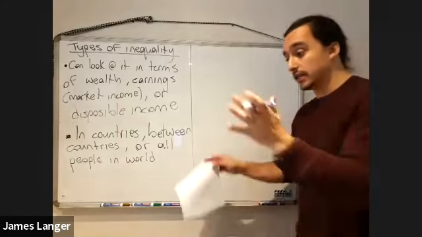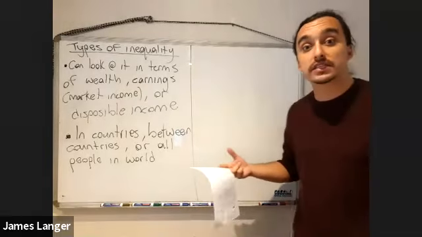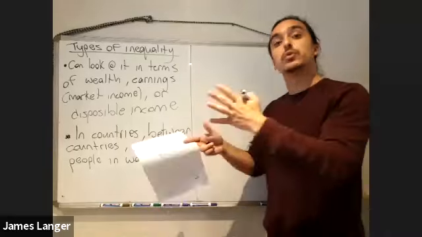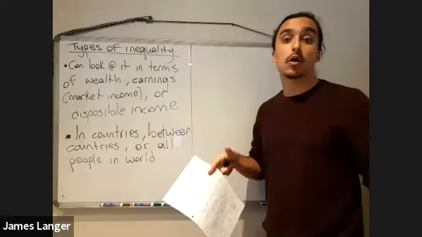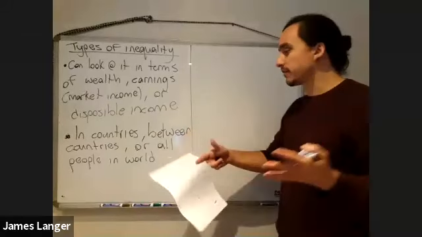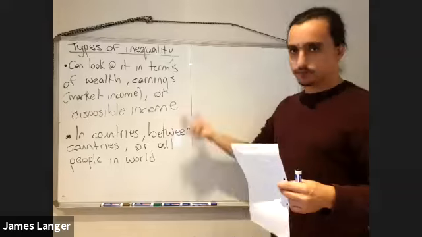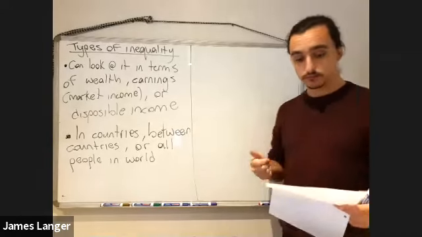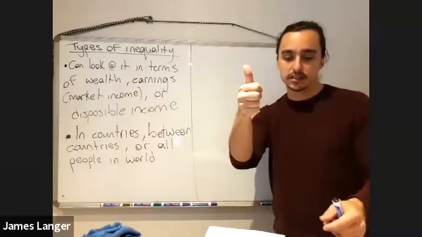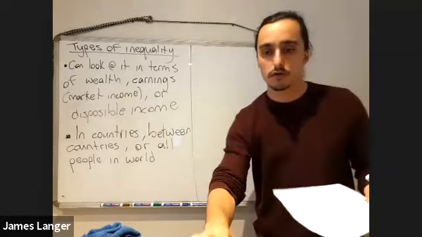We can be looking at people within a particular country. We could look at income inequality within a city. Or we could look at income inequality between countries, where we look at the GDP per capita or the average disposable income for each nation. So we can compare different things, different people, and that's going to influence what type of inequality we are essentially measuring. Please give me a thumbs up if that makes sense. Cool, we're good all around.